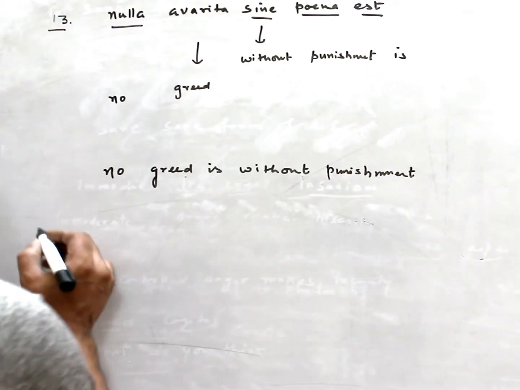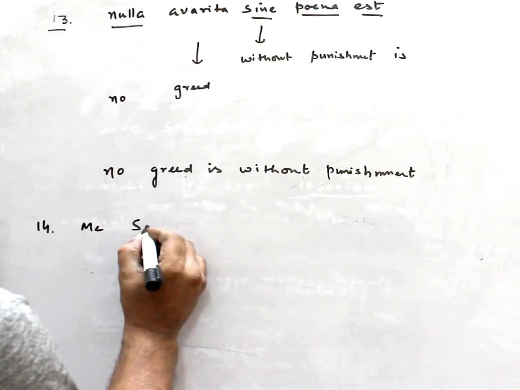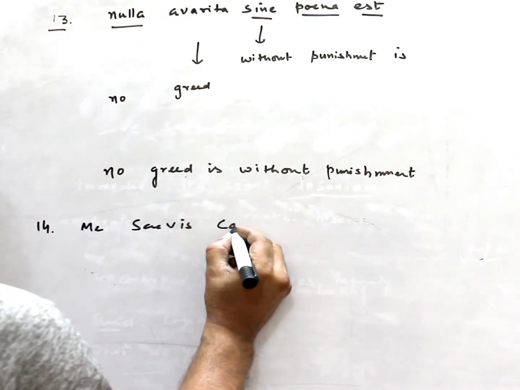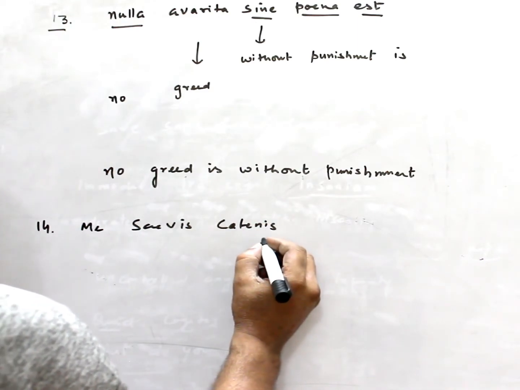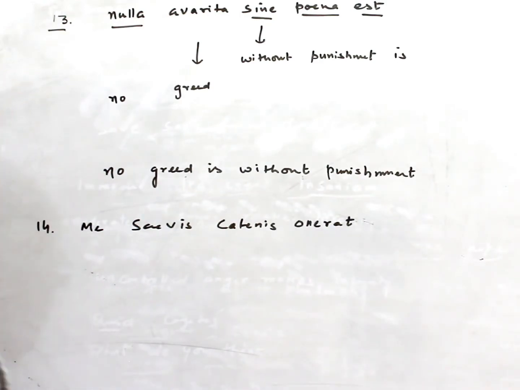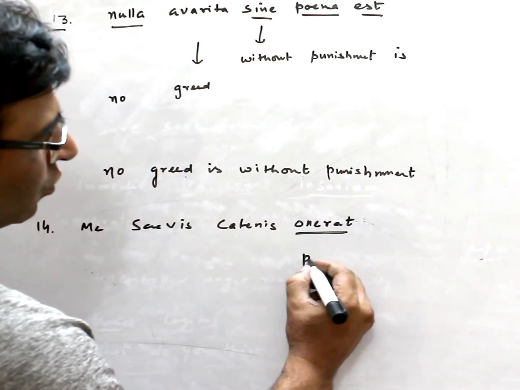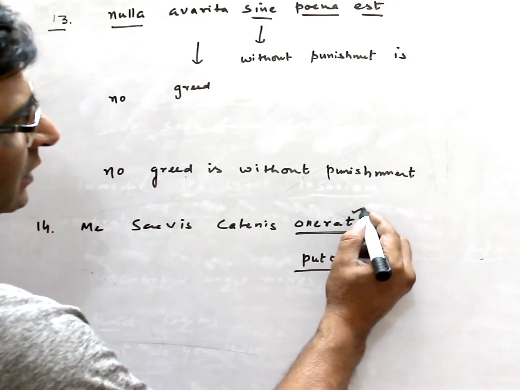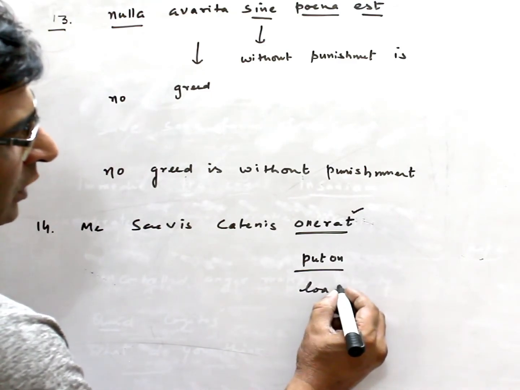Now 14. Me saevis catenis onerat. This means the word put on, or this is loading, and T follows.